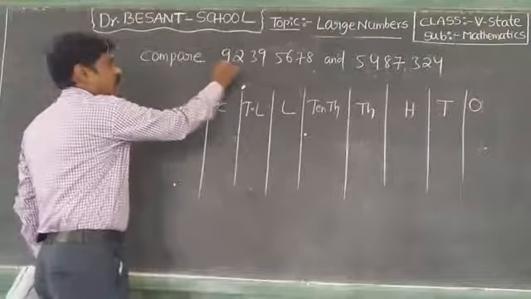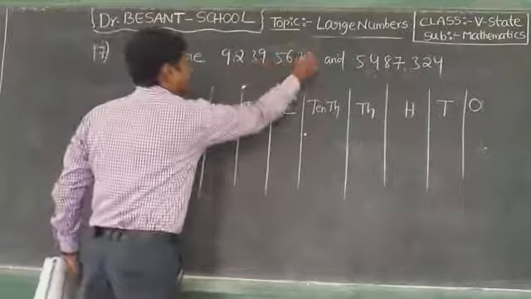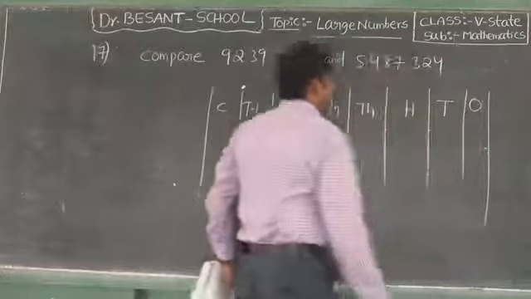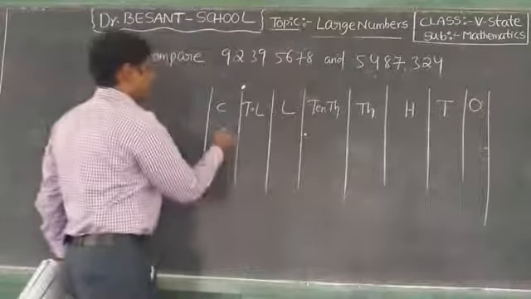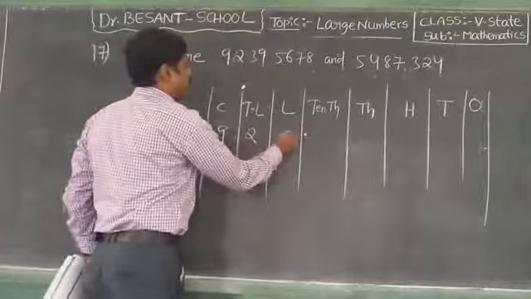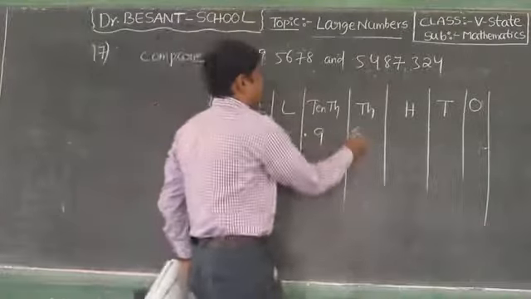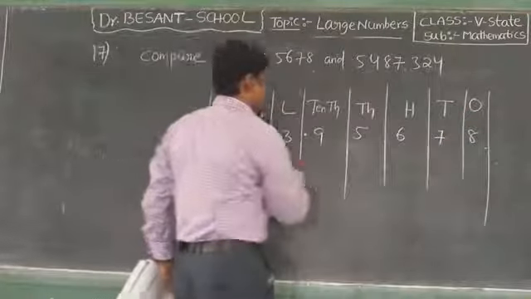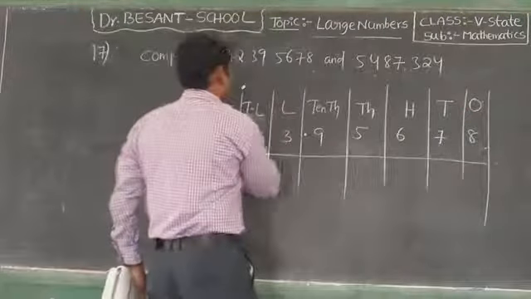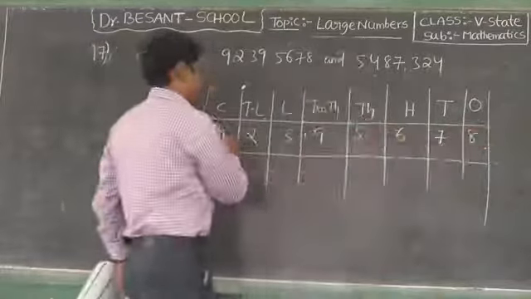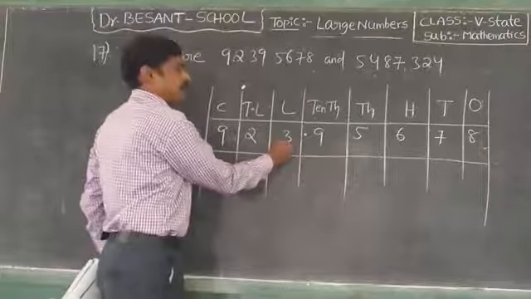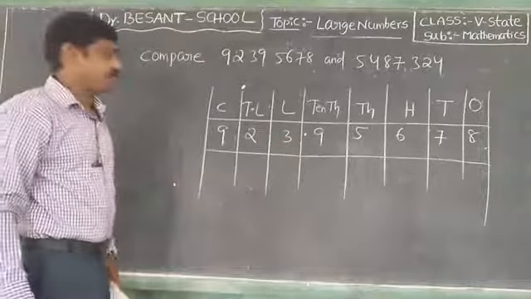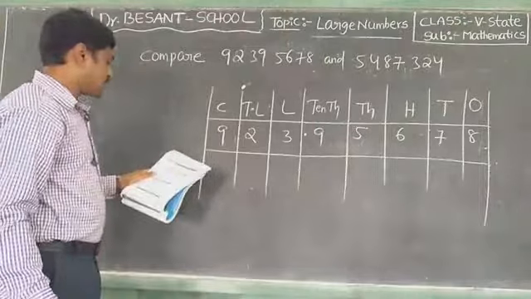So first of all, 1 2 3 4 5 6 7 8 digits. 9 2 3 9 5 6 7 8. So what you can understand, this one is 9 crore 23 lakh 95,678. This is first.